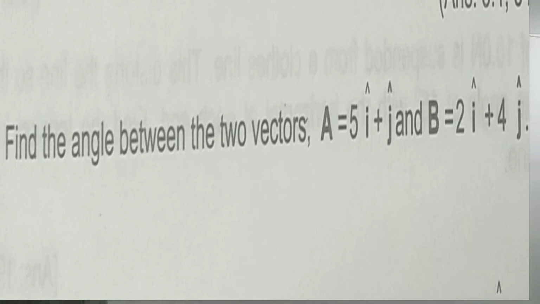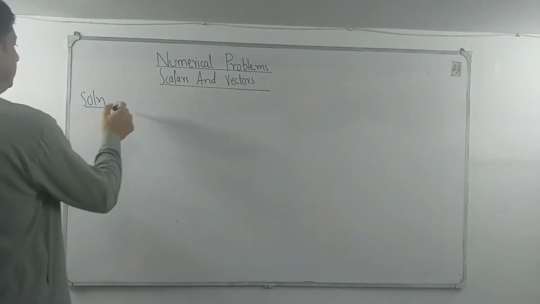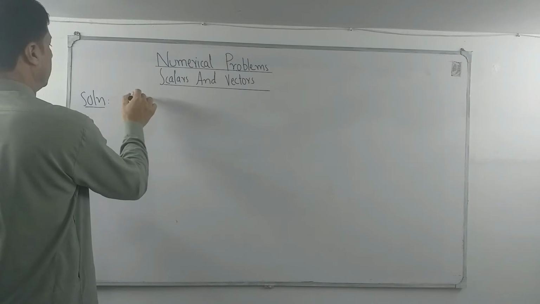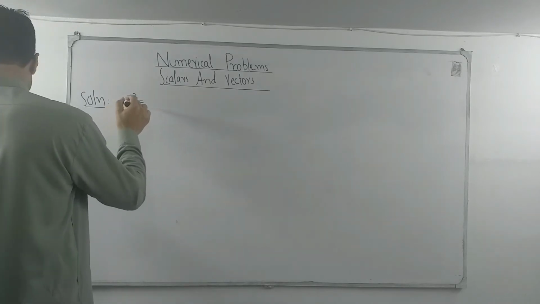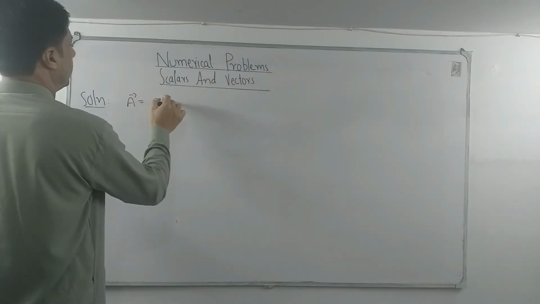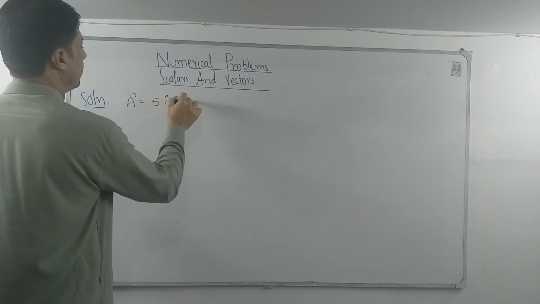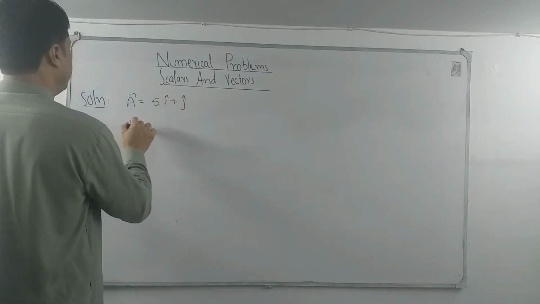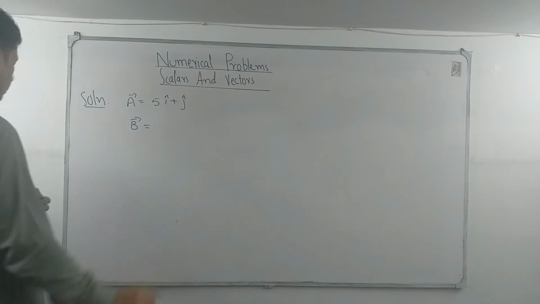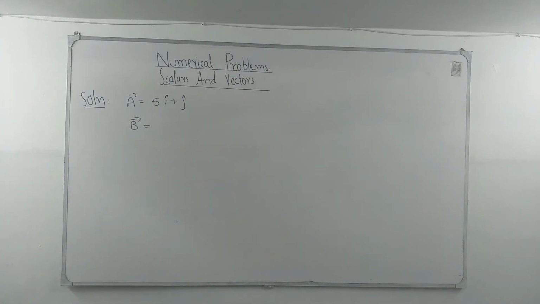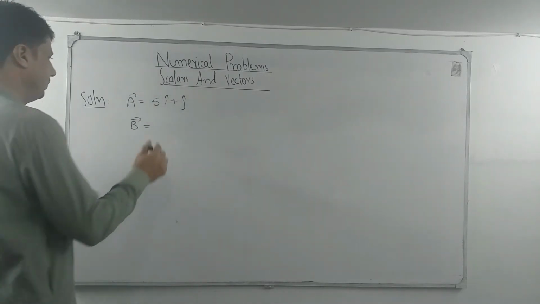We have to solve this problem on the board. Okay, the problem 2.7 is A is equal to 5i plus j, B is equal to 2i plus 4j.